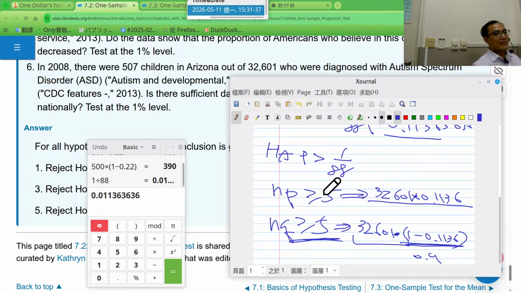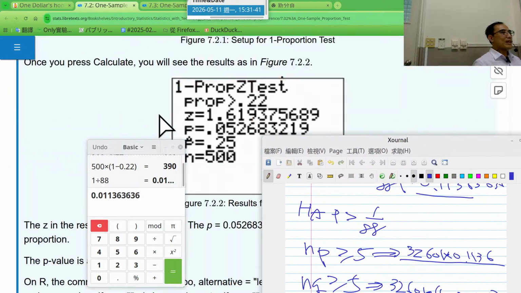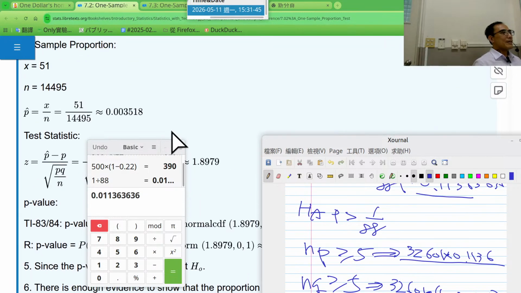Then calculate. Check the formula here. The proportion p-hat is the positive number divided by the sample taken.